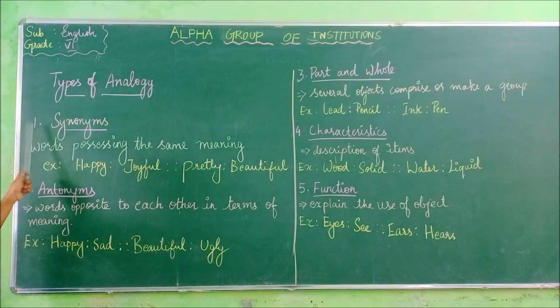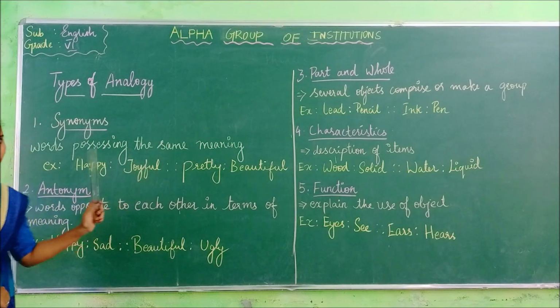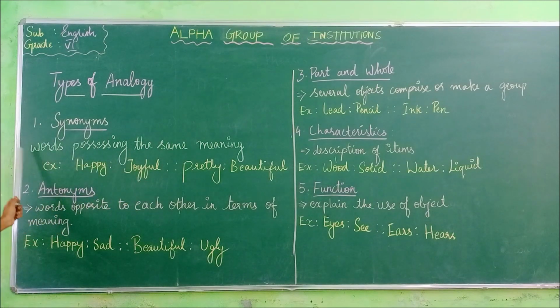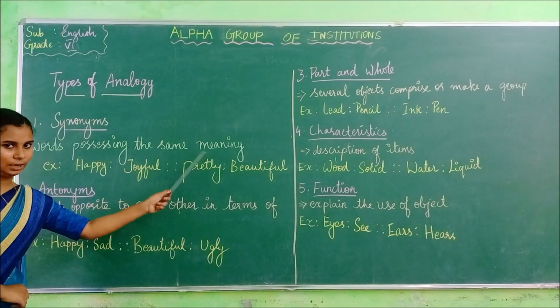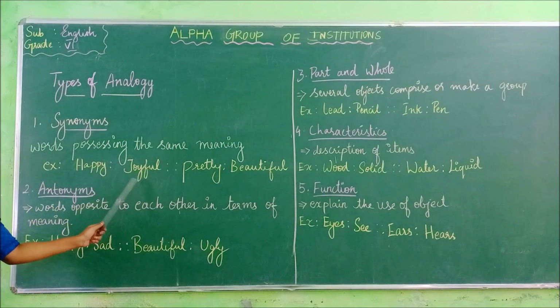First one, synonyms. Under types of analogy, the first one is synonyms, which means words possessing the same meaning. For example, happy, joyful. These are of the same meaning.